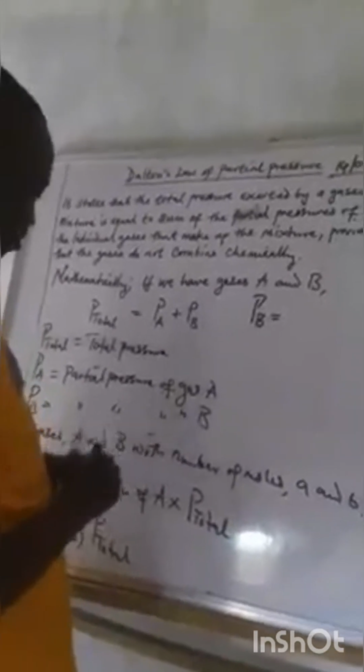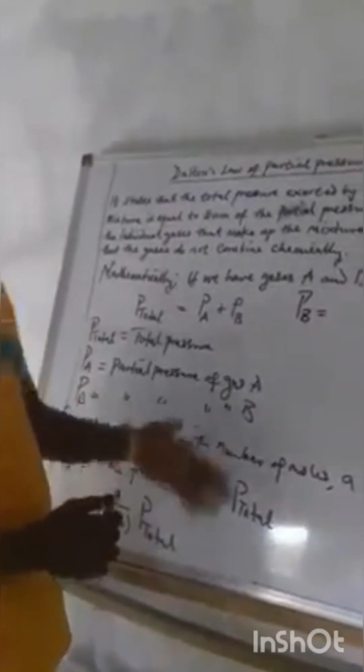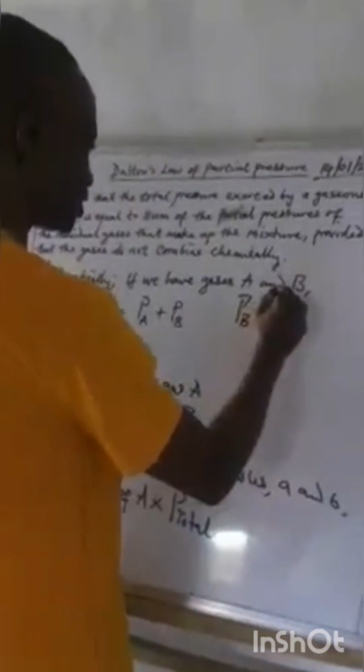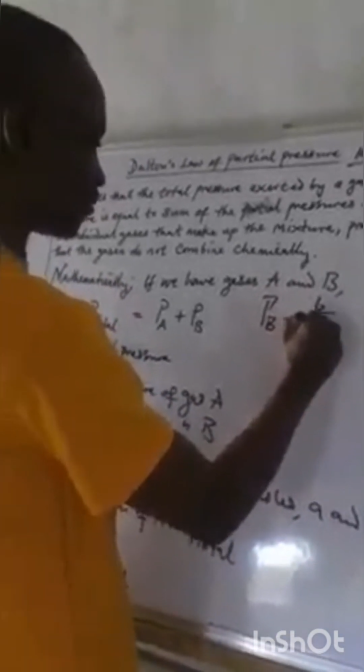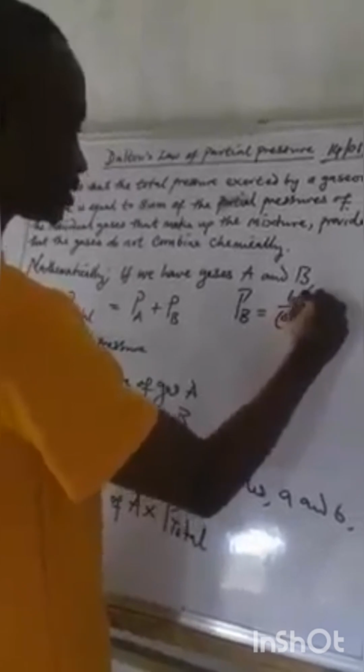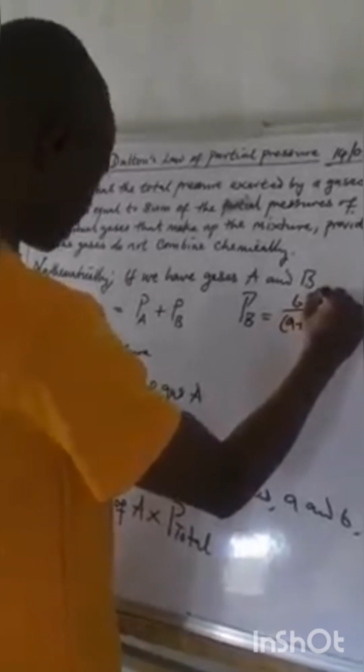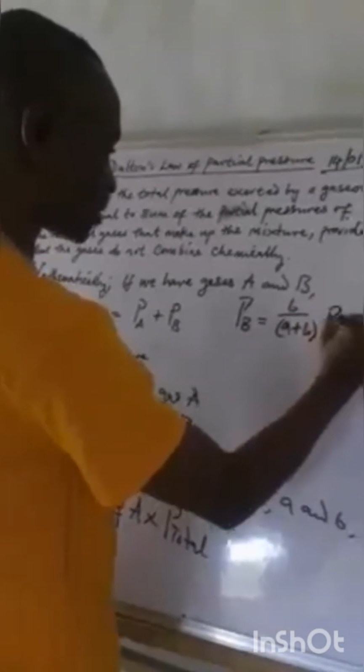Also, PB, partial pressure of B, is the mole fraction of B times total pressure, which is number of moles of B over total number of moles times the total pressure. So these are the partial pressures.